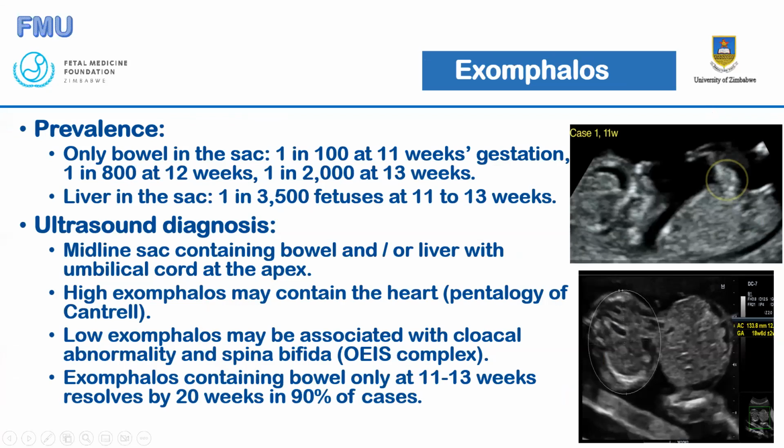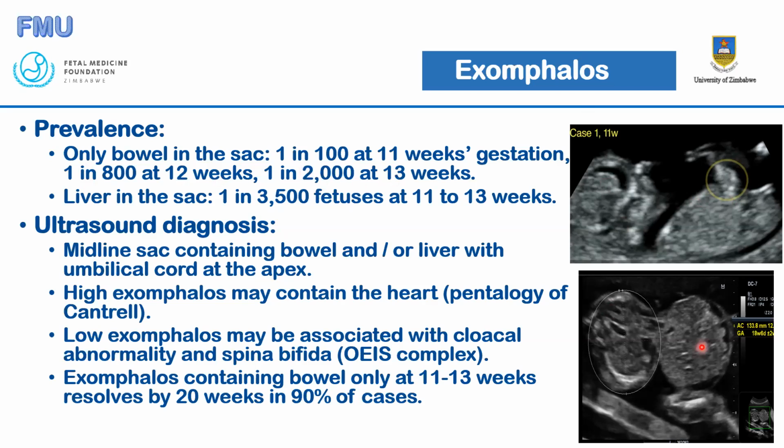Normally, do not panic. Ask these babies to come at 13 weeks. You do not expect to see a physiological exomphalos at 13 weeks. Remember, exomphalos is also called omphalocele. At 12 weeks it is 1 in 800, then at 13 weeks it is 1 in 2,000.